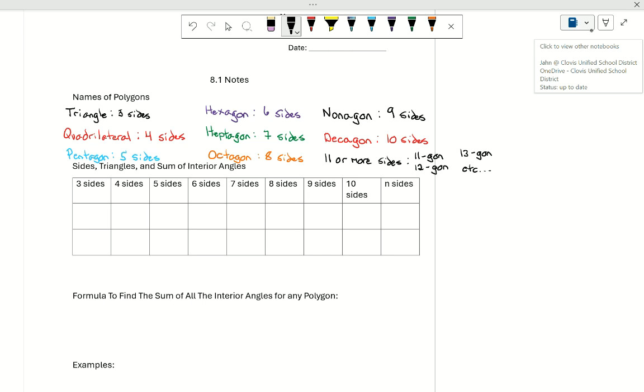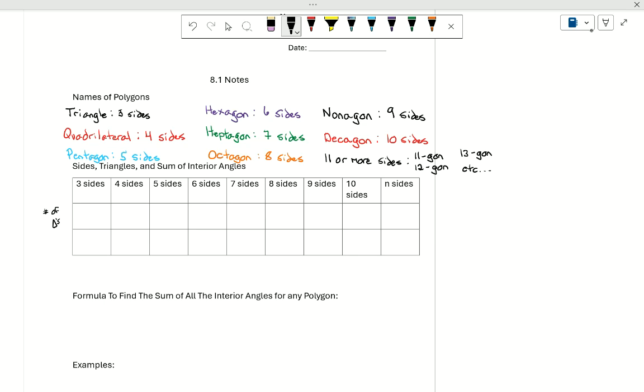Now, we're going to go over here to this table titled Sides, Triangles, and Sum of Interior Angles. Okay, off to the left of the table in this second row, please title this Number of Triangles.